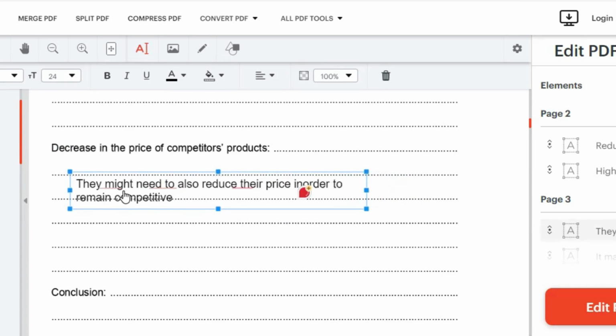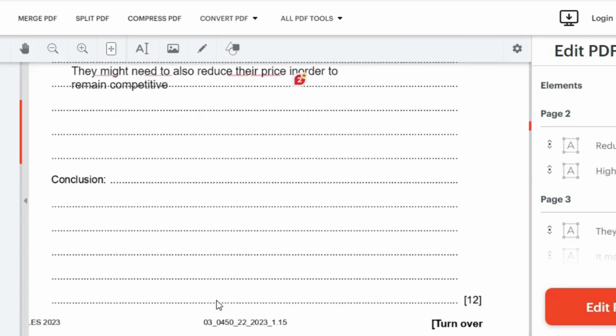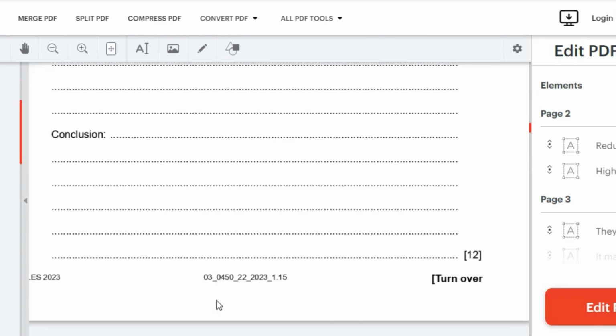Now, we have a space here for conclusion. What conclusion can you give on the three changes, and how did they affect the company?